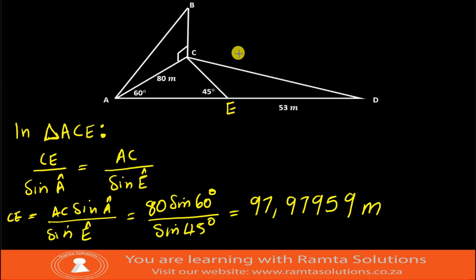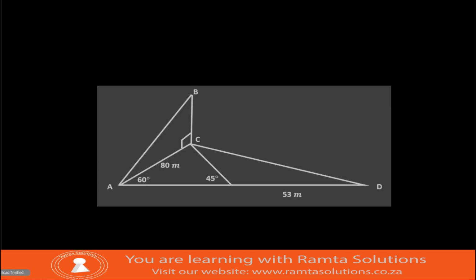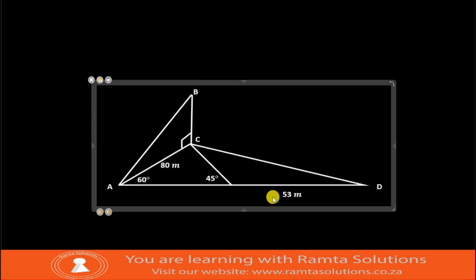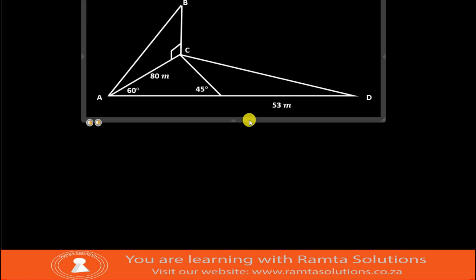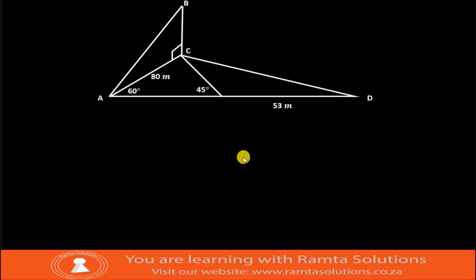Now there's something that I'm going to show you. We are not done. Remember, we are looking for CD. So let me paste that triangle again. I want you to notice something. For triangle ACE, we can find angle C, right?